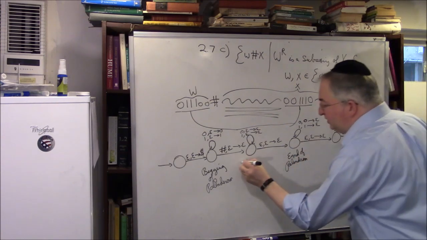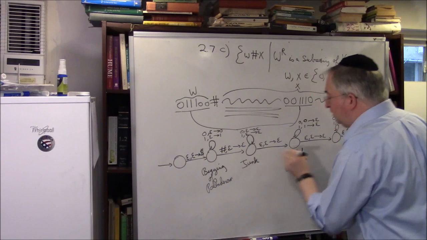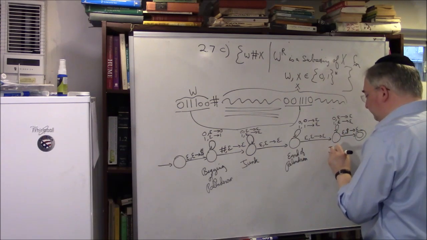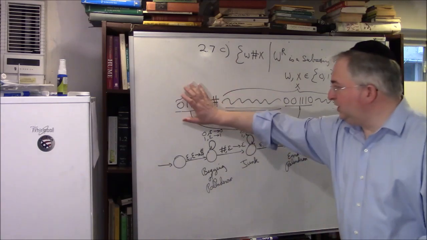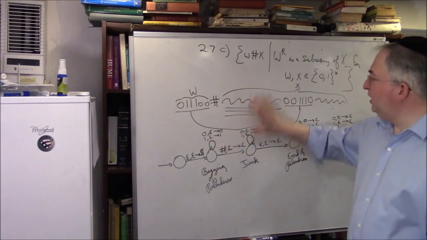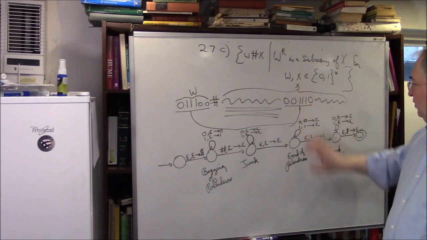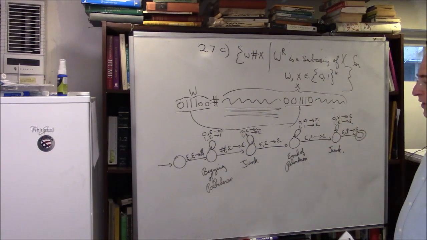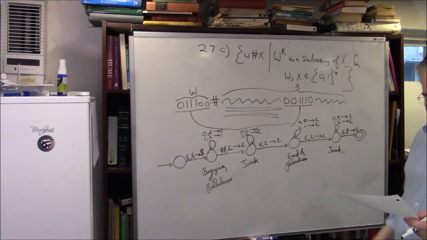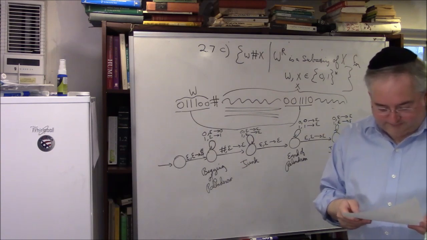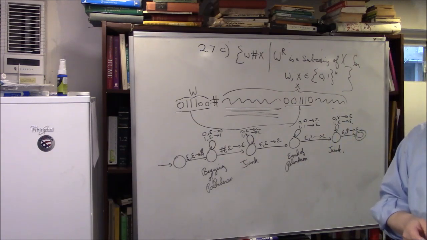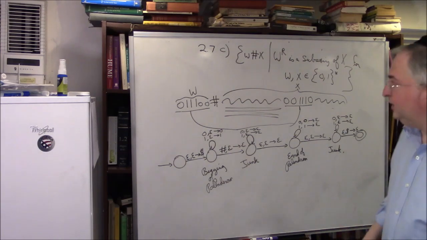Okay, this is junk, and this is junk. And that's exactly what you have. You have the beginning of the palindrome, a number sign, junk, end of palindrome, junk, finish. Okay, great. Okay, let's erase.